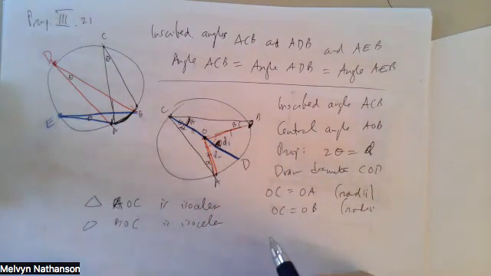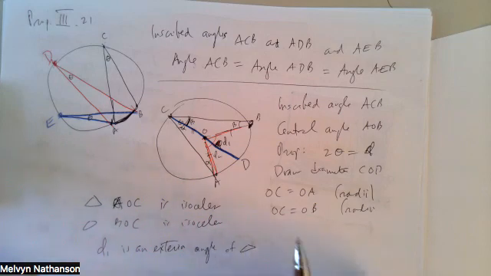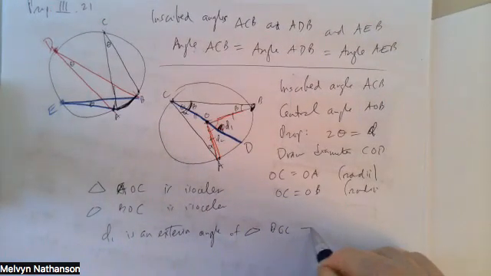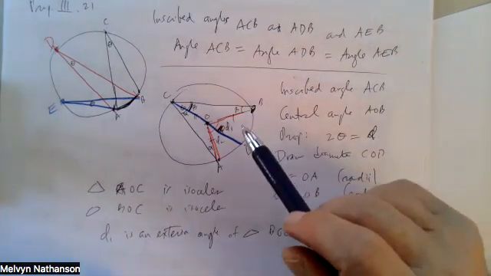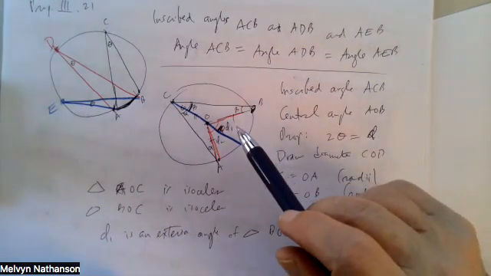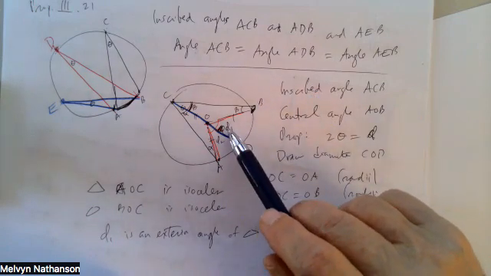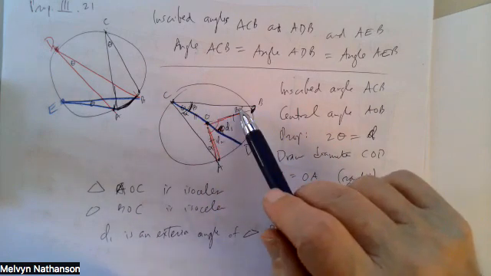So this angle phi1 is an exterior angle of triangle BOC, which means, and the theorem about exterior angles, once you have the parallel axiom, says an exterior angle of a triangle is equal to the sum of the two opposite interior angles.